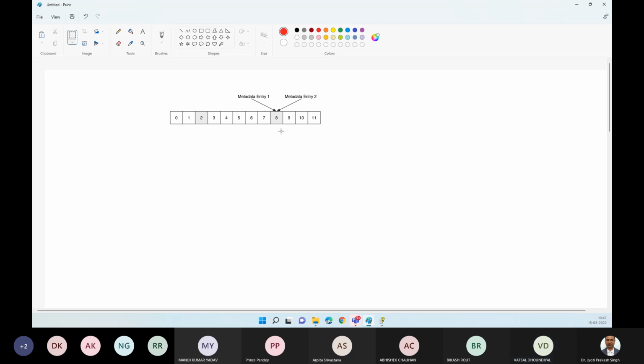And this is wrong. This is what they mean by consistency check, whether it is consistent or not. It could be that the one metadata entry here should have been for 2, but it was wrongly associated with 8 somehow. So this sort of checking is normally done, and nowadays, in fact, every disk or every operating system is capable of doing this.